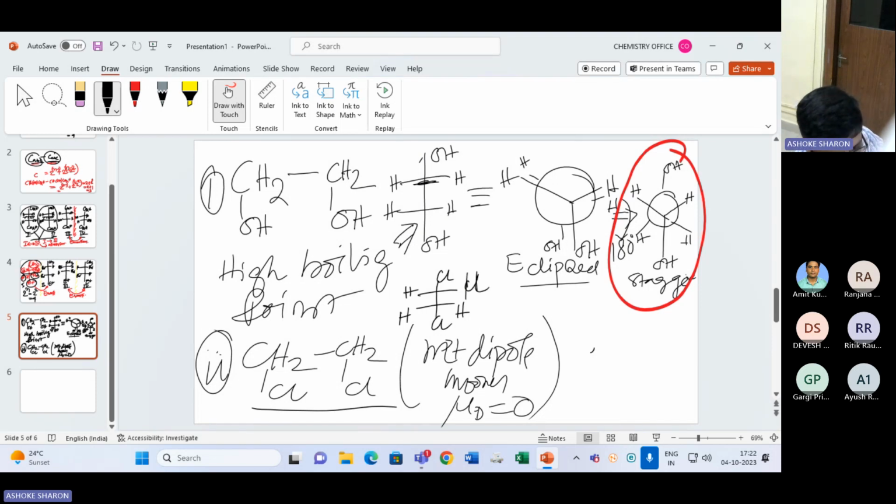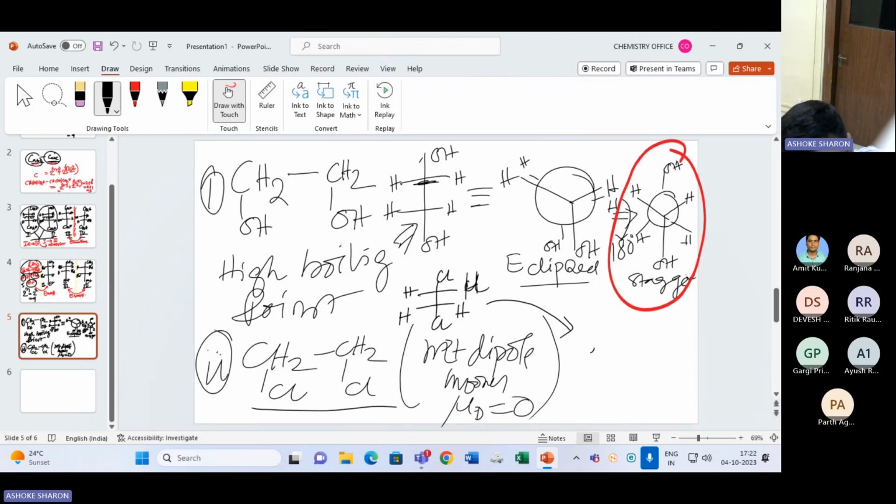Okay, this is fine. This is CH2Cl, CH2Cl. Now I'm directly drawing from here, not drawing the Newman projection formula. In general the structure will be first the Newman one. That will be chloride here, hydrogen, hydrogen, then hydrogen, then hydrogen, and that will be chloride. This is the eclipsed one.